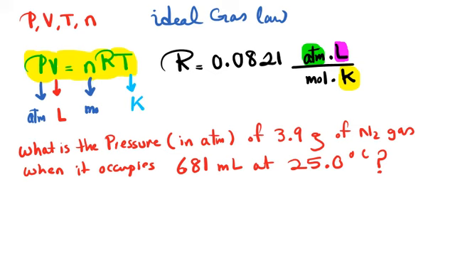So question gives us also this information. R is 0.0821 atmosphere liter per mole Kelvin.